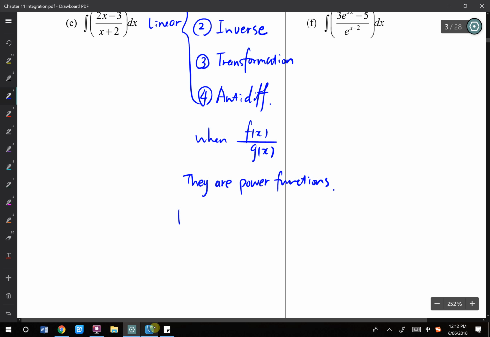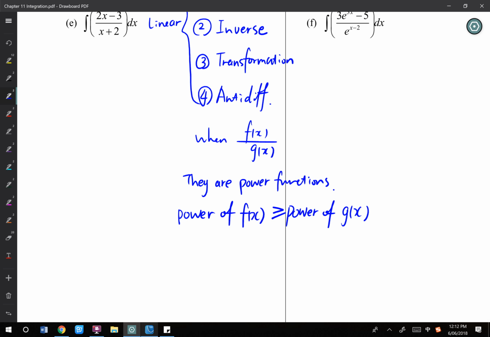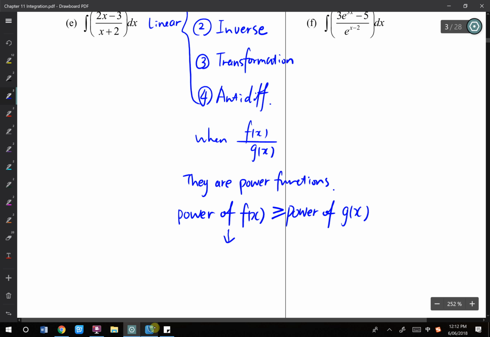If the power of f(x) on top is greater than or equal to the power of g(x), the highest power, long division needs to be done.